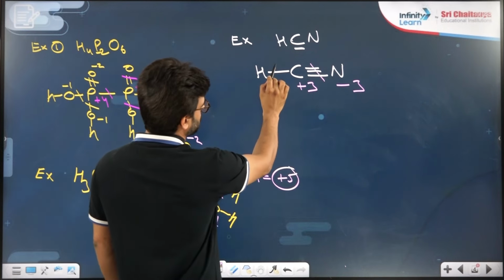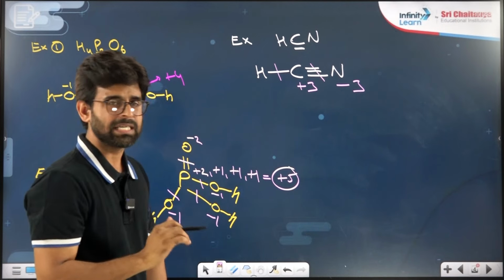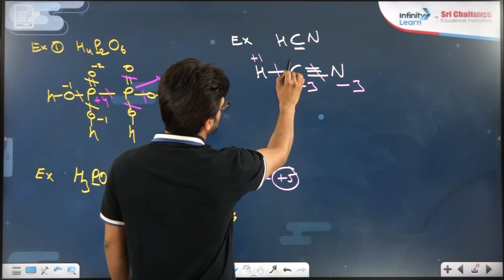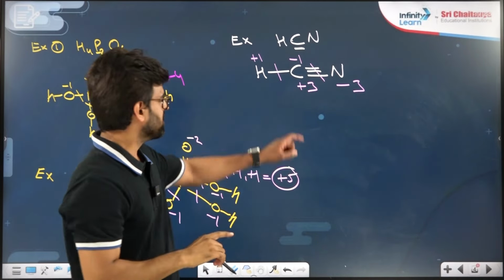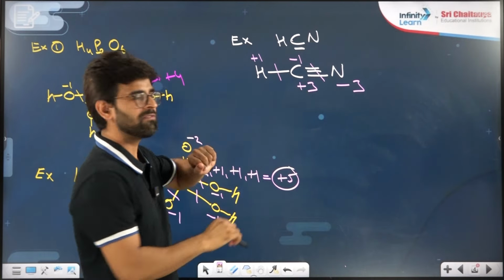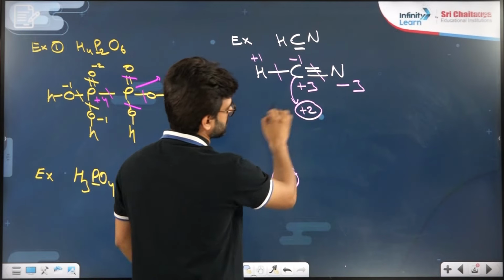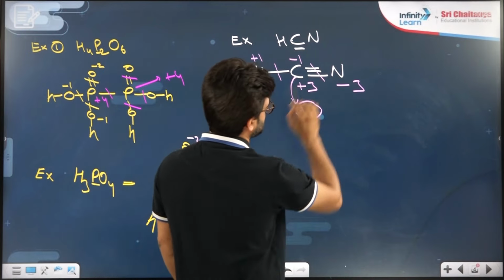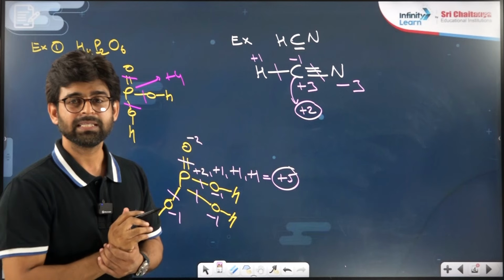When I break the bond between carbon and hydrogen, hydrogen is a little bit less electronegative, so hydrogen gets +1 and carbon gets -1. So carbon gets +3 from these bonds and -1 from this bond. Overall, carbon is getting +2 and nitrogen -3. So you can find every individual atom's oxidation state this way.